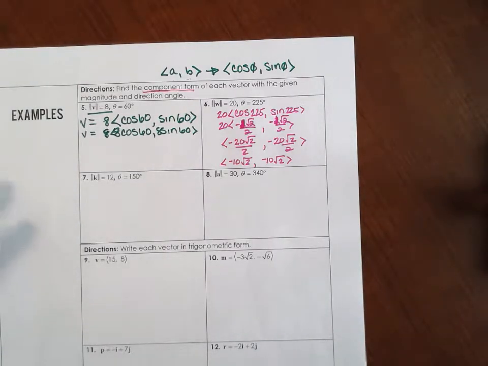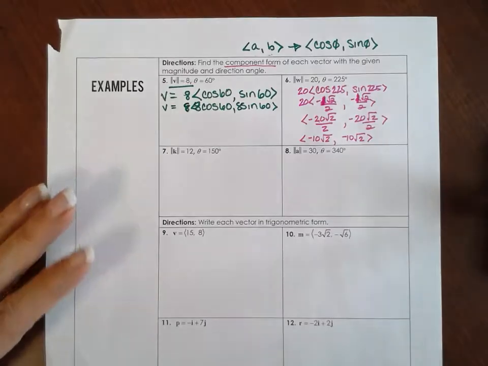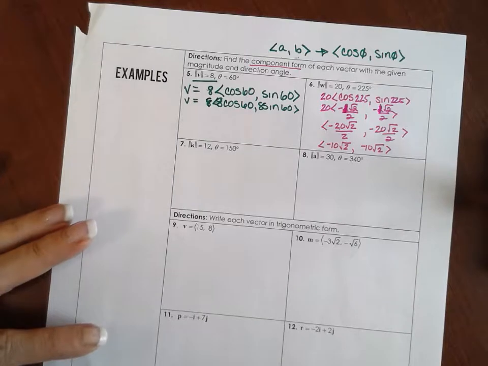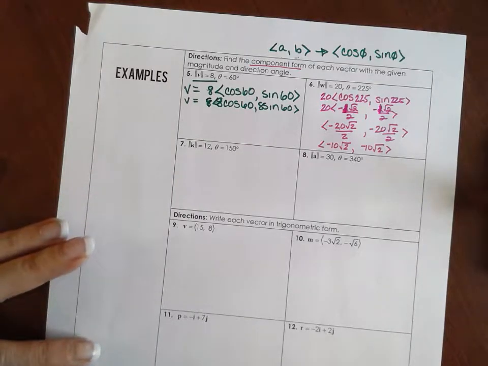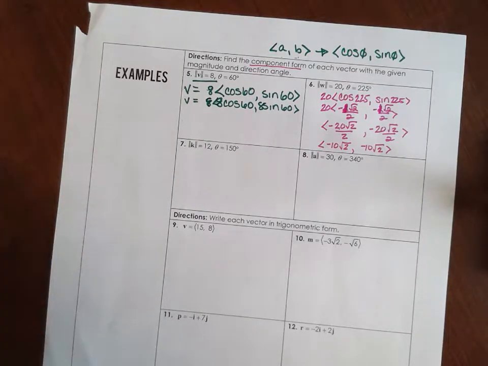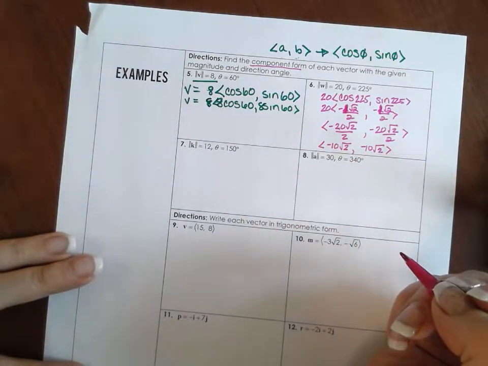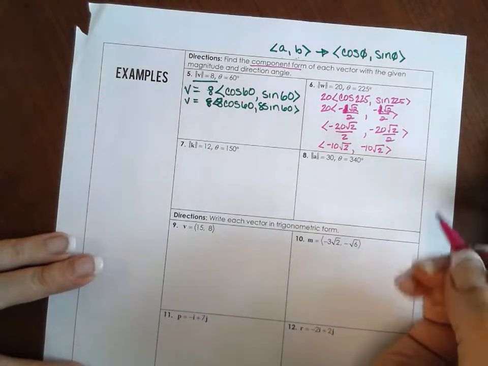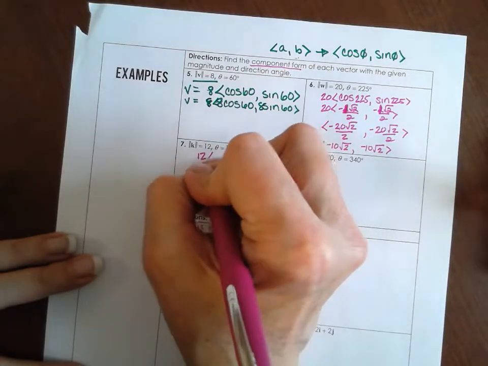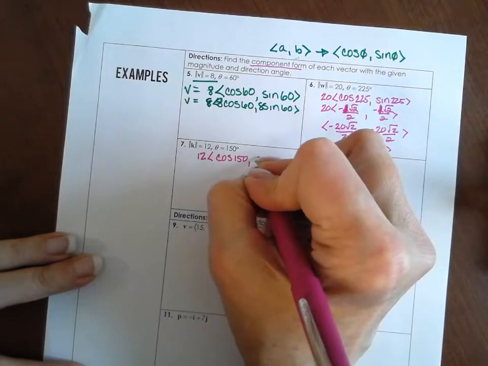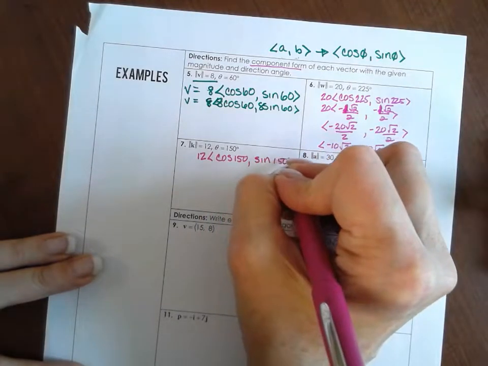Okay. All right, so how am I going to set up the problem for number 7? Cosine 150 and sine of 150.